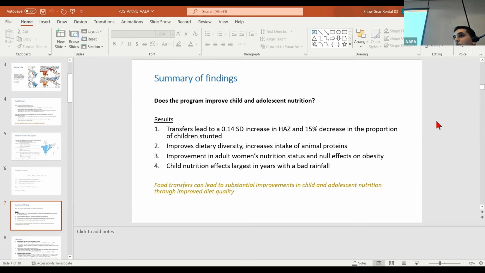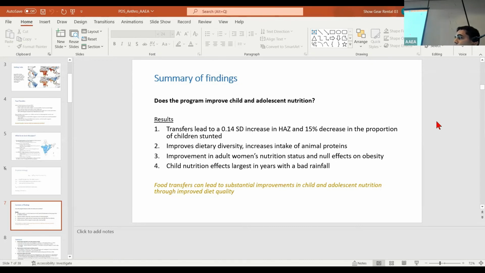We also show that it has effects on local prices. It reduces local prices, and it also has effects on local labor markets. It improves labor earnings of poor households by improving the local wages of these villages. But I'm just going to focus on the results on dietary diversity and stunting.